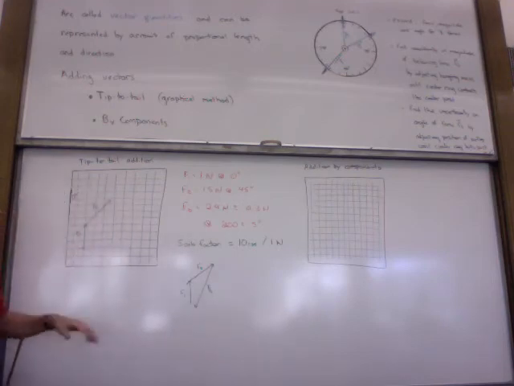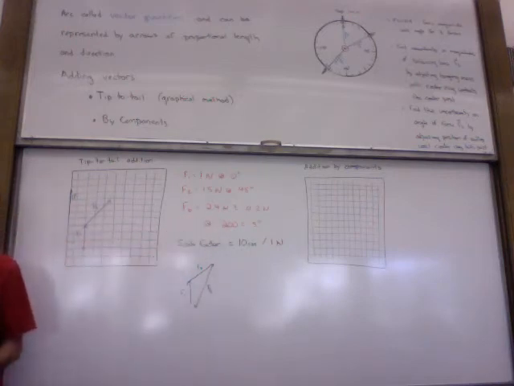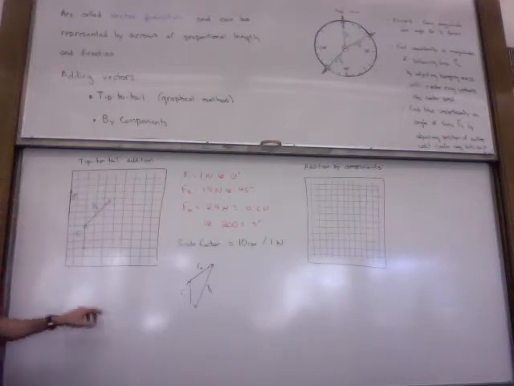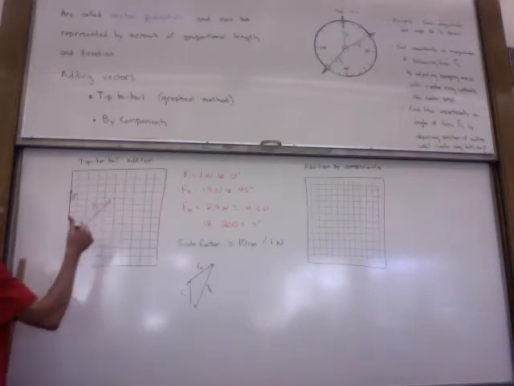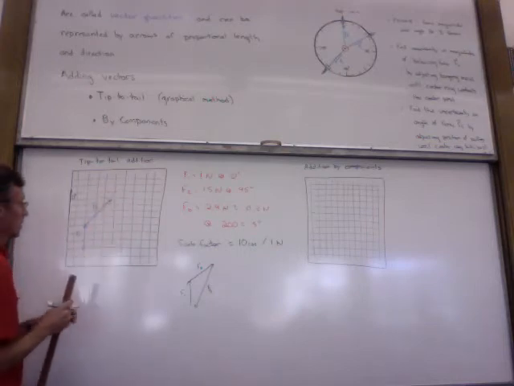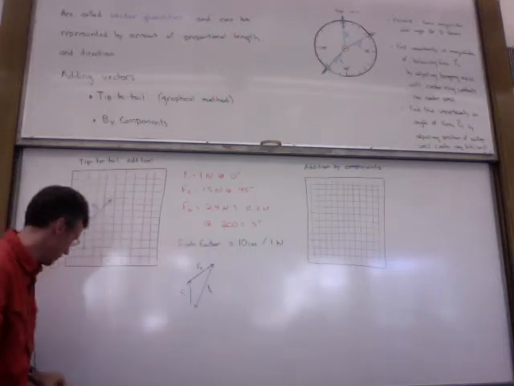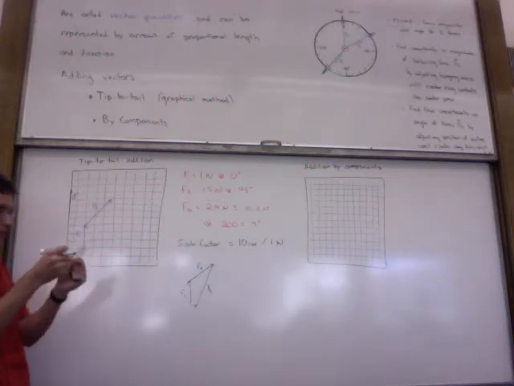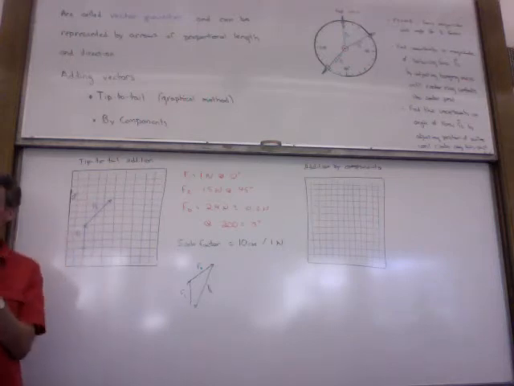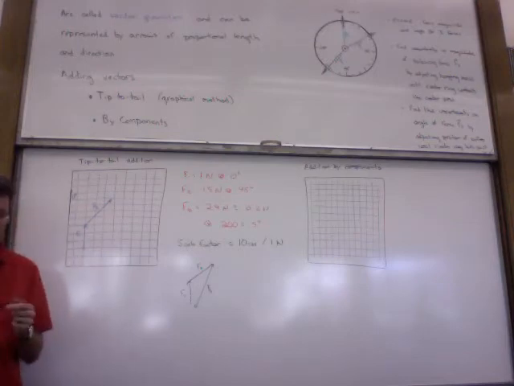And now I'll draw my balancing vector. Where do I draw that from? From the tip of force 2, and it's at 200 degrees. Right? So my protractor does not go up to 200 degrees. It goes 0 to 180. So how do I get 200 degrees? How do I find where 200 degrees is?